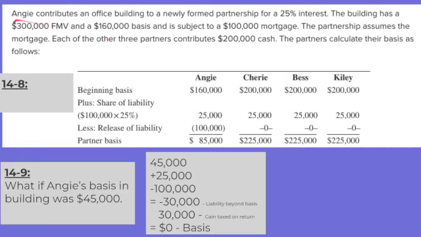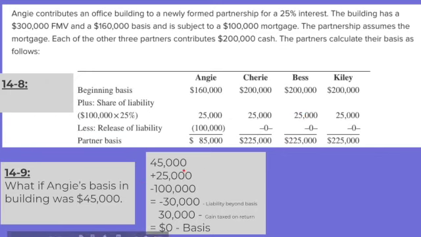Well, the fair market value is $300,000, and she had a liability of $100,000. So her putting in that building of $200,000 was completely as fair as each of the other three partners giving $200,000 from the business's perspective, regardless of what her investment or what she owed on it is.